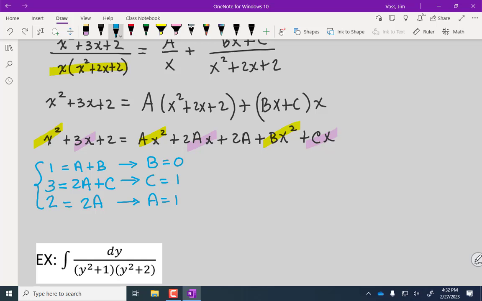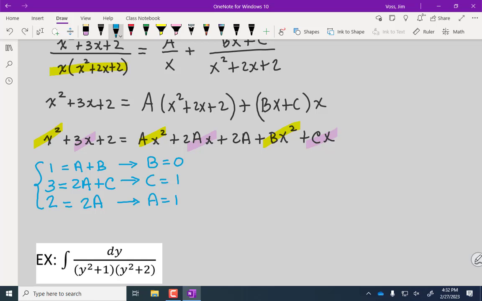It's ax squared plus bx squared, which is a plus b times x squared. So you're basically just matching which coefficients are the same on each side, and they're just variables. For 3x on the left side, we just have x to the power of 1. That's why it's 2a plus c. Okay, that makes sense.